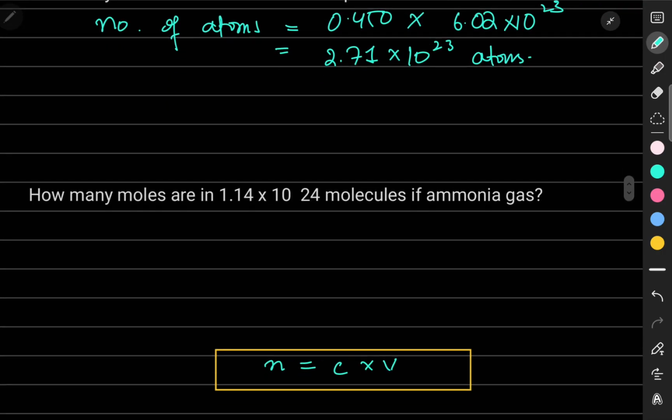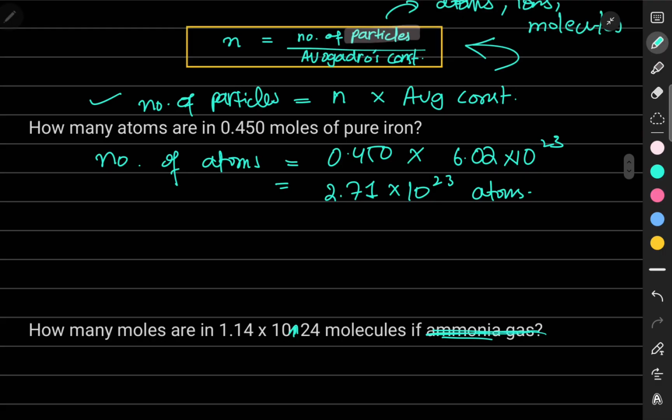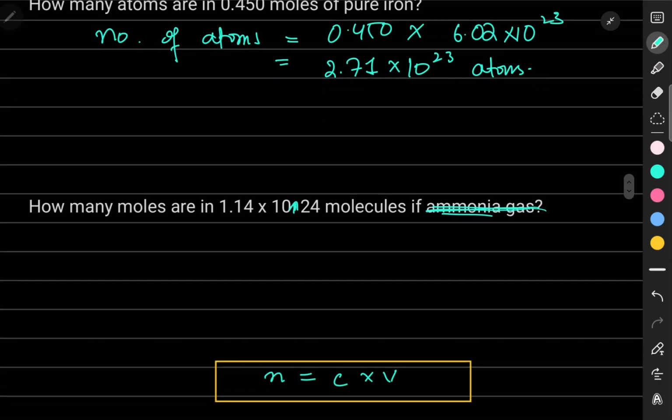How many moles are in 1.14 into 10 to the power 24 molecules if ammonia gas is present? Don't get confused by this. We're still using the same formula. So n is equal to the number of particles divided by this.